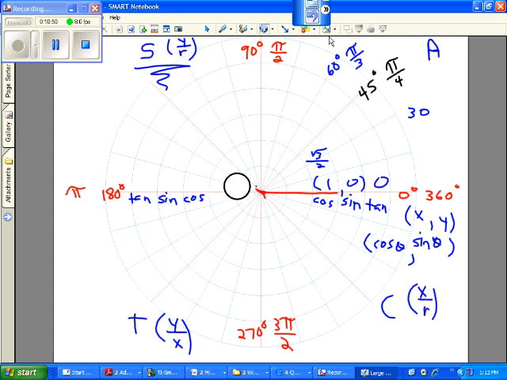Let's say we had an angle that started there and it ended up over here at 135 degrees. If the angle's 135, then what's its reference angle? Well, from here to the nearest x-axis, which is 180 minus 135, which is 45 degrees.